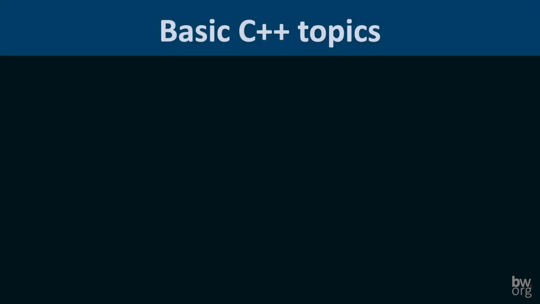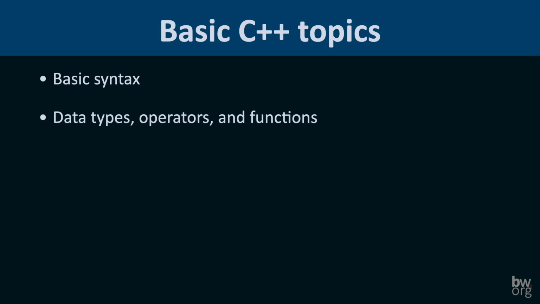C++ is a big subject that includes many topics. The scope of this course is limited to the basics, so you may work effectively in C++. Here are some of the topics covered in this course. The basic syntax of C++ is mostly inherited from the C language. We'll cover this in the early chapters. This includes a thorough discussion of data types, standard operators and functions, and with a few exceptions, most of this is inherited from C. Classes and objects form the basis of object-oriented programming in C++.